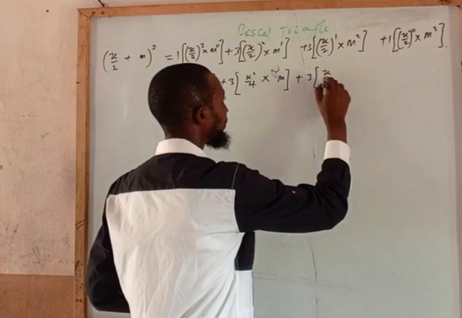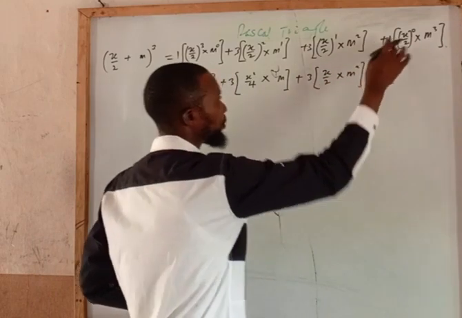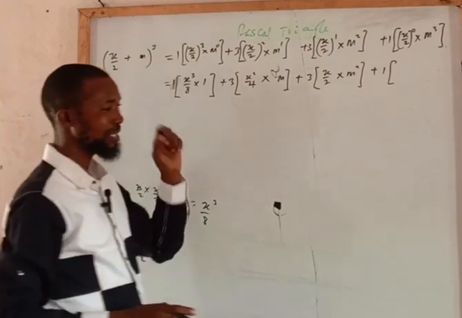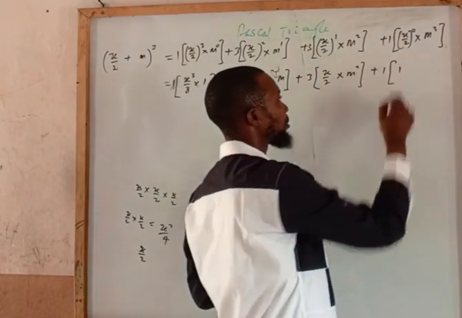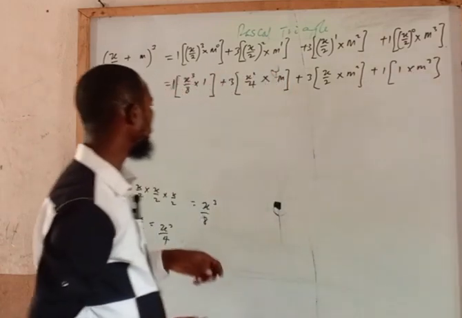So I will say x over 2 multiplied by m squared, plus 1 into, so remember, x over 2 raised to 0. Any number at all, once it has the power of 0, automatically becomes what? 1, multiplied by what? m cubed.